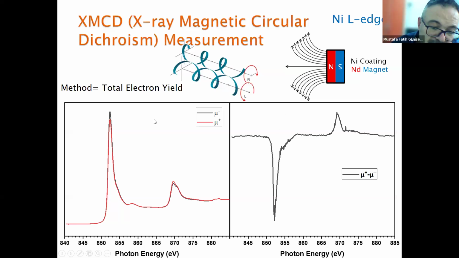Oh, okay. You are asking about the XMCD. This difference is coming from the interaction with the density of states. Here we are applying a magnetic field on nickel, and the nickel d orbitals are splitting and not splitting.